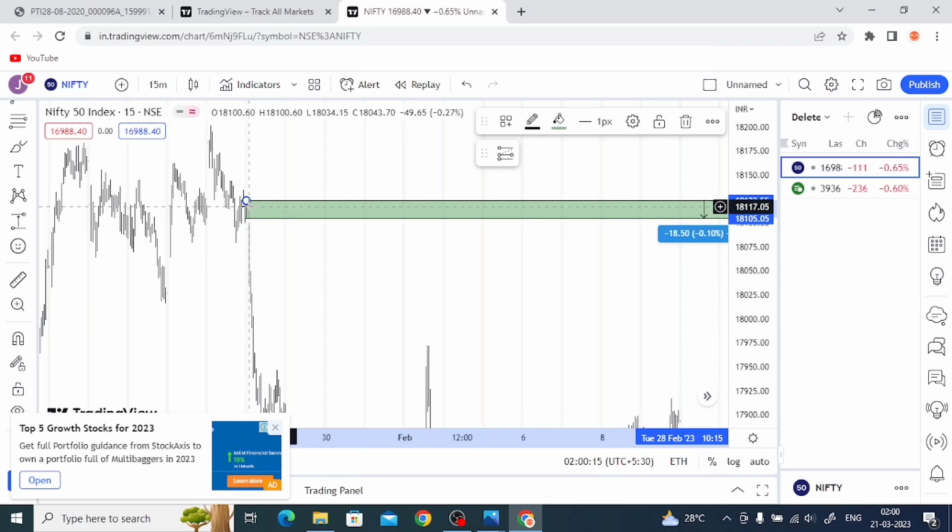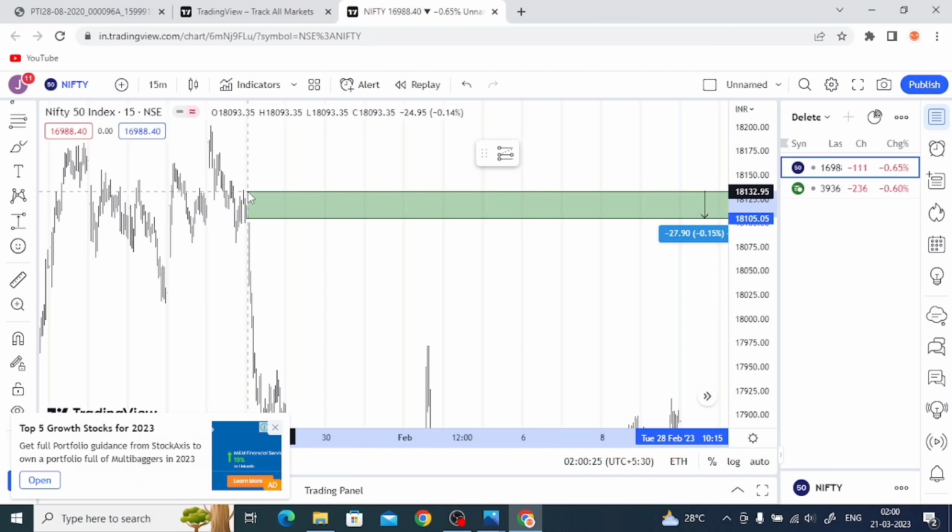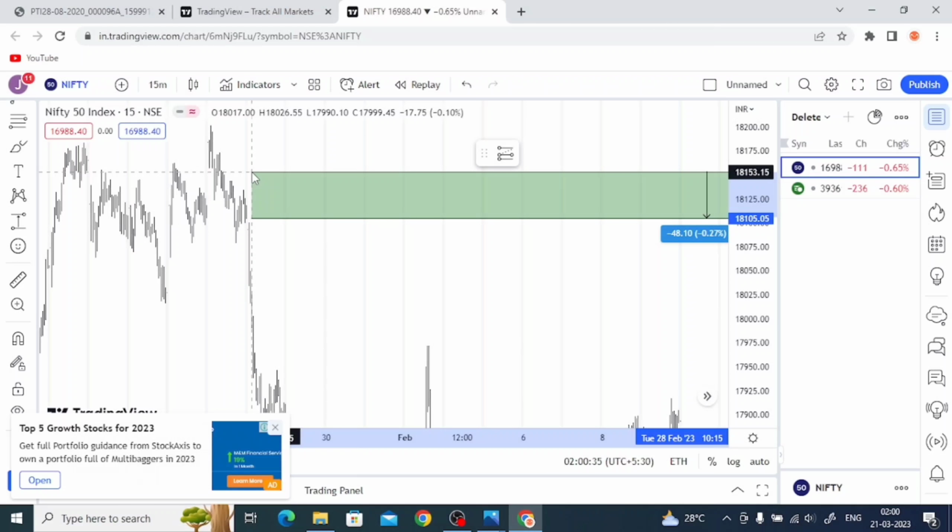If you want to reduce the size, just click the corner of the circle, and if you want to raise the size of the zone, you move upwards.